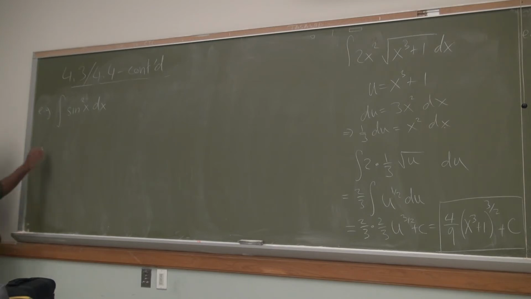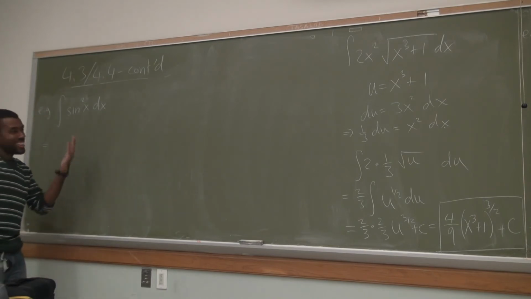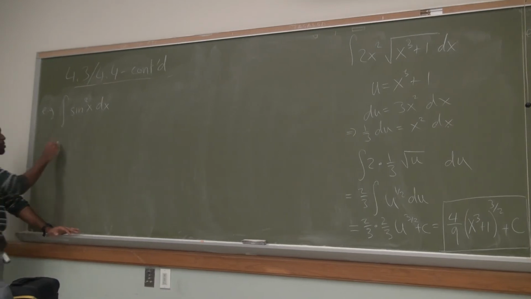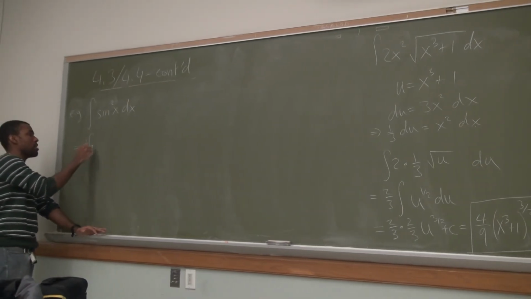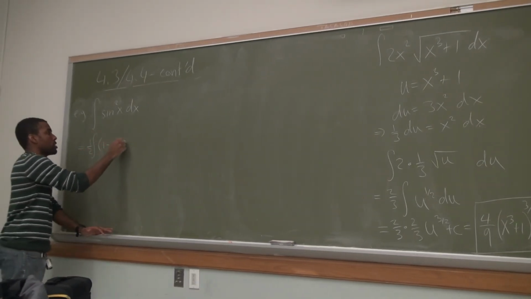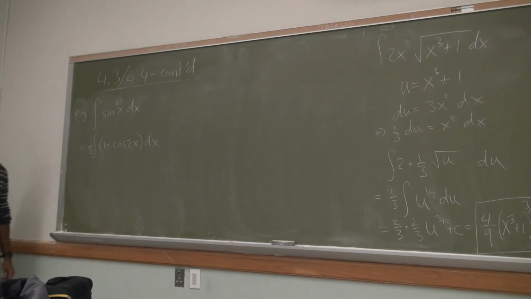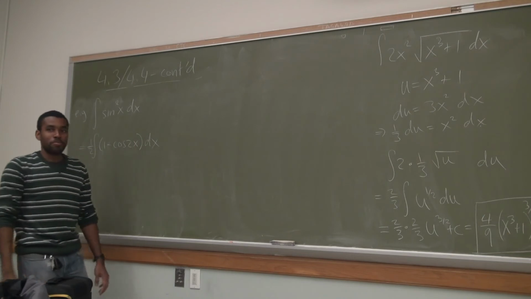Using trigonometry, a trig identity. Which one? It's a formula. This is just 1/2 of 1 minus cosine of 2x.